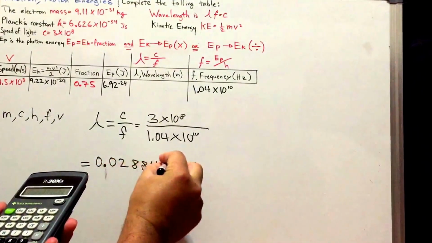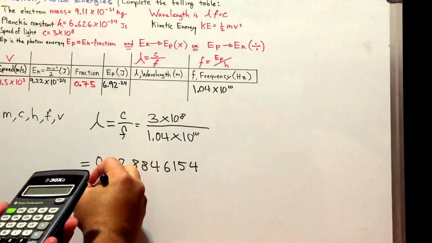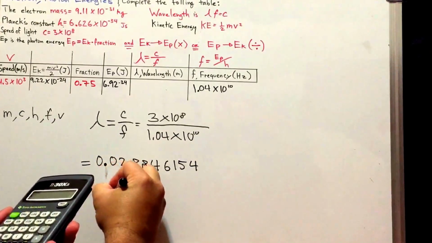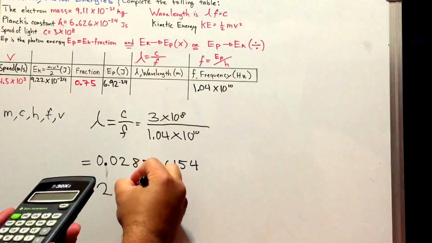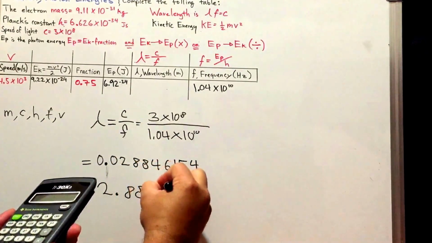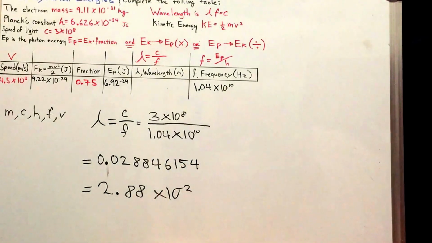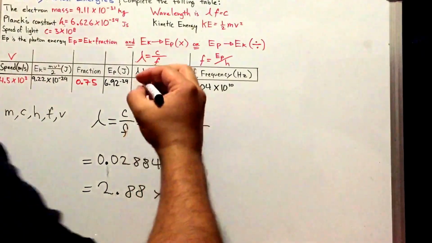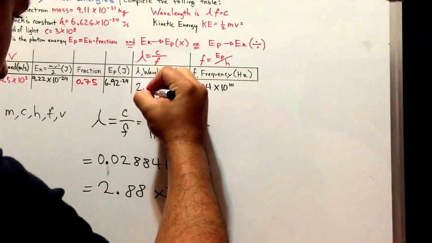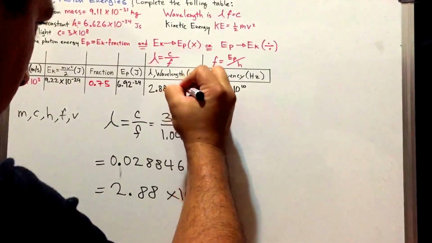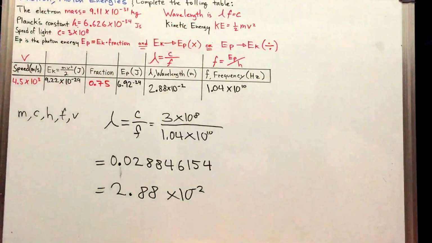So this converted into scientific notation equals 2.88 times 10 to the negative second power. So I'm going to go ahead and plug this in. 2.88 times 10 to the negative second power.